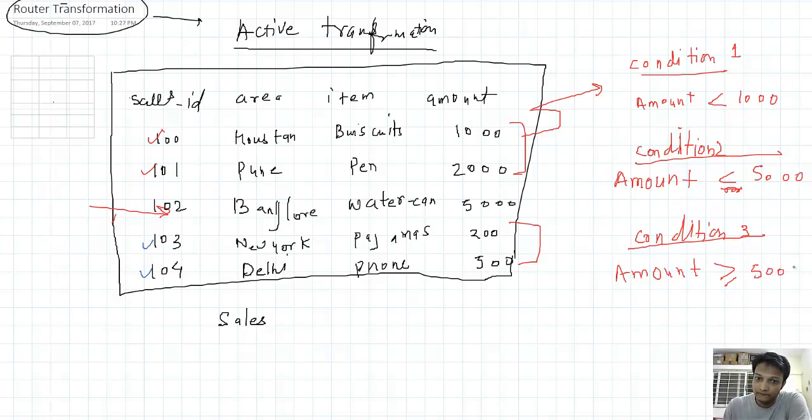My question is that in condition 2, is it going to give you also 1,000? I'm coming to that part. Okay.